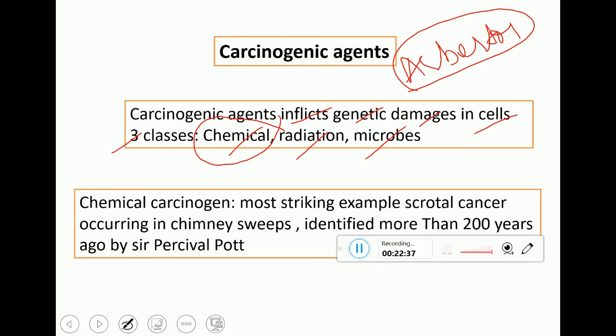Sir Percivall Pott was the first one to report that asbestos is linked to a particular type of cancer, which is scrotal cancer. The most striking example of scrotal cancer occurring in chimney sweeps was identified more than 200 years ago by Sir Percivall Pott. So asbestos has been linked to the development of scrotal cancer. This is an example of a chemical carcinogen.